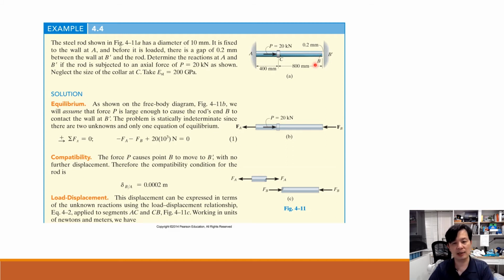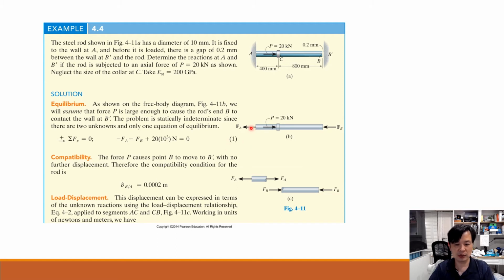If that's the case, then the actual force at C would be exactly the same as the reaction at A. Another case is when you push this rod at C, the end B directly contacts point B prime on the wall. So that would be the other possible condition.